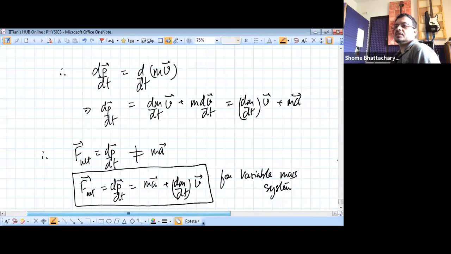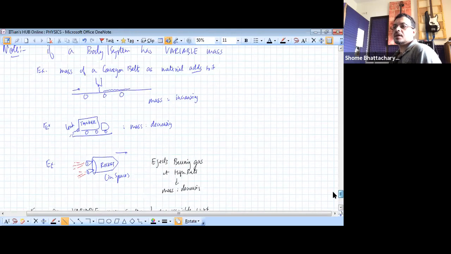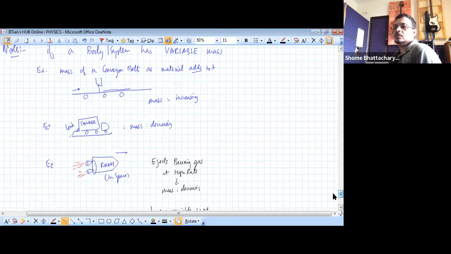So here you are applying differentiation on a product of two things. So it is differentiation of first into second plus second into differentiation of first. And since you are asking how it is possible that mass is variable, these are three everyday examples I am showing you where the mass of a body or a system might be varying with time. It might be increasing or it might be decreasing.